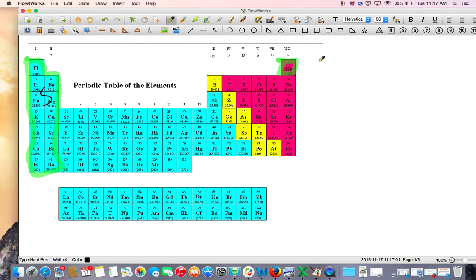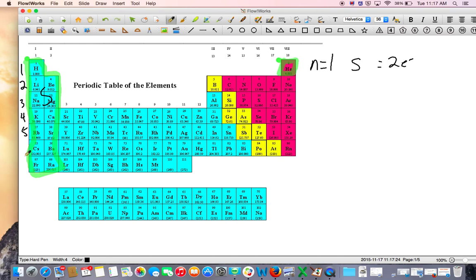Quantum number 1, principal energy number 1, has an s orbital, which can hold 2 electrons. That's it. So here's the s orbital, 1, 2. Here's the s orbital, 1, 2, and so on. All of these are the s orbitals.